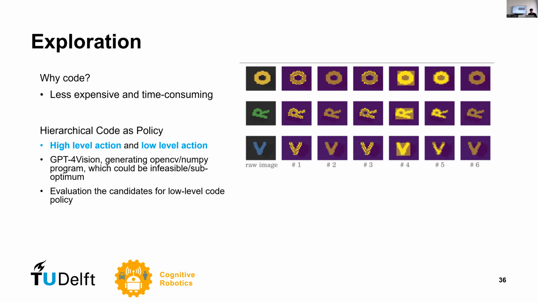It generates OpenCV or NumPy programs for our low-level action policy, which could of course be infeasible or suboptimal because GPT-4 is not that clever. For example, in this picture, we're picking the letters V, O, and R, and two of the candidates cannot work at all, and three results do not make much sense. They will catch the edge.